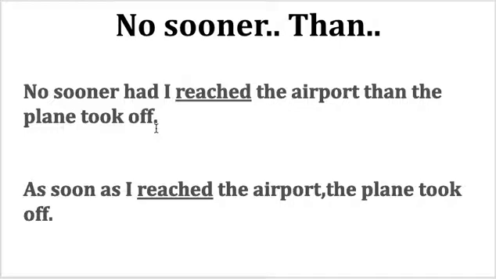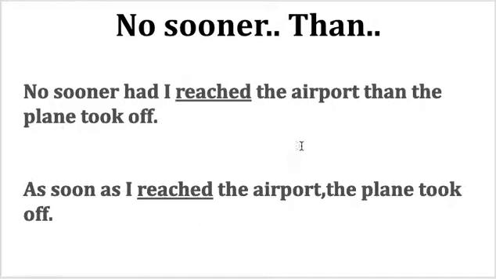The same thing can be said by using "as soon as". As soon as I reached the airport, the plane took off. If you want to use "then", you can remove the comma and use "then", but I have used a comma here to avoid the use of "then". Here "reached" is the second form of the verb because it's a past form.